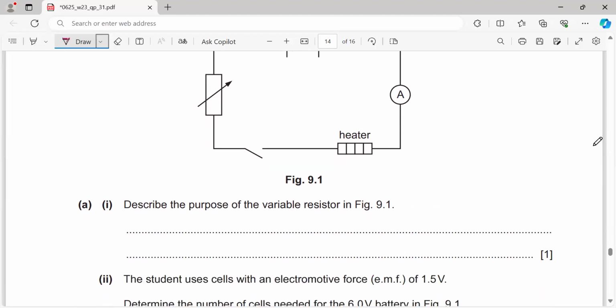The purpose of the variable resistor is that it can change the voltage and current as we need.